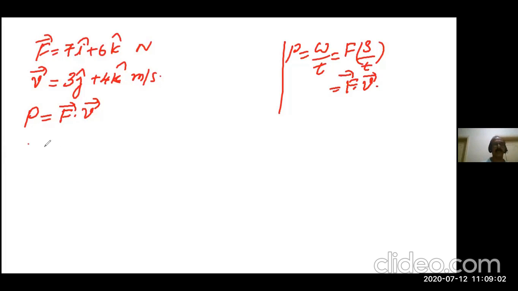Then P is equal to, what is F? 7i plus 6k.